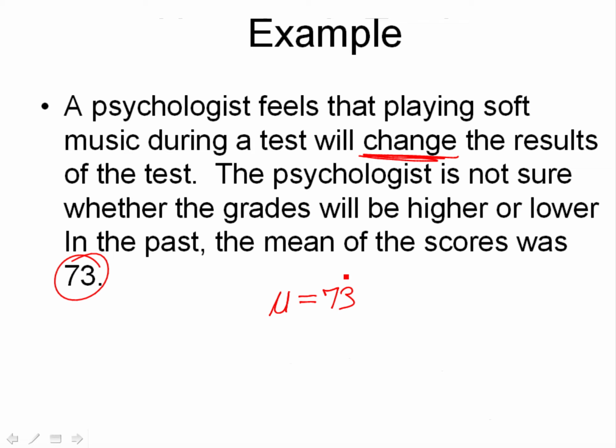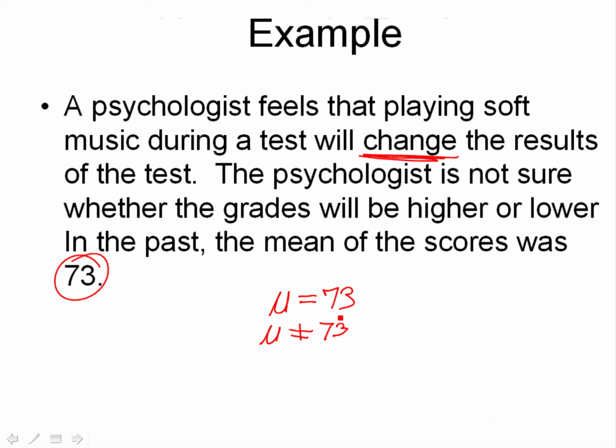That's the case where playing the soft music does not change the results of the test, that the average stays at 73. The other possibility is that playing the soft music does change the results of the test, in which case the average is not equal to 73. It's different.